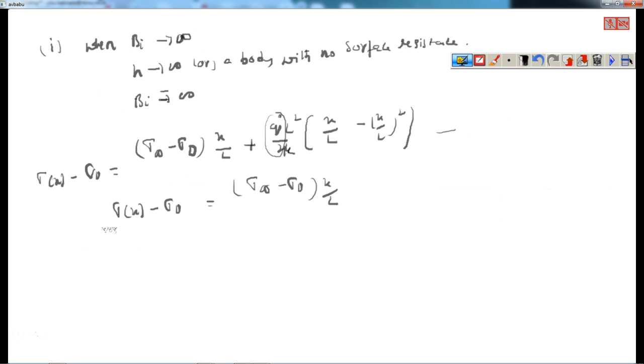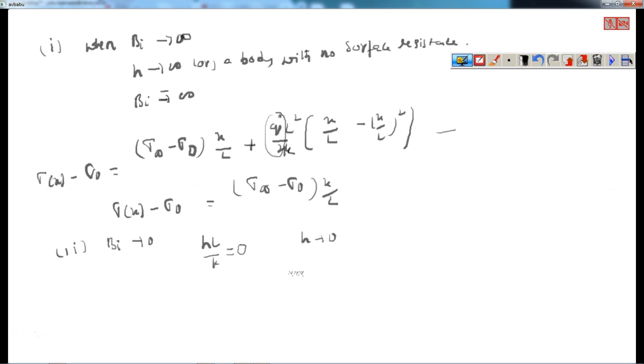Okay. Now the second case I'm trying to deal with is when Biot number changes to 0, meaning hL by K is equal to 0. Let us assume that when hL by K is equal to 0, definitely h is equal to 0.